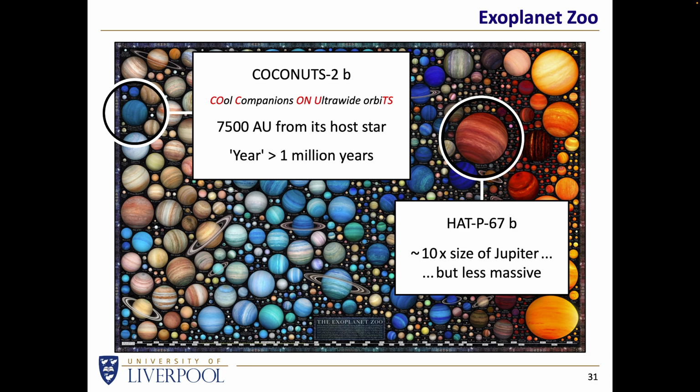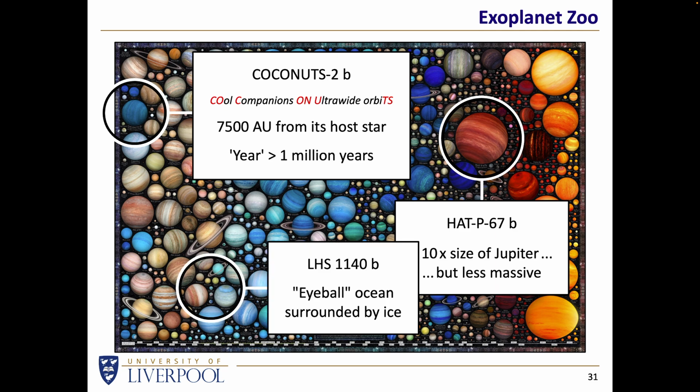That is not the most bizarre thing in the entire zoo. I think the planet that's a very small one right in the middle there is one of the most weird ones, a so-called eyeball planet or eyeball ocean, because we know roughly speaking what it's made of. It seems to be small, relatively dense, the density a little bit higher than water.